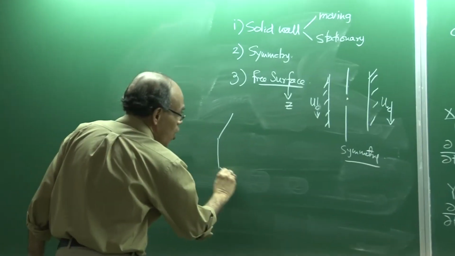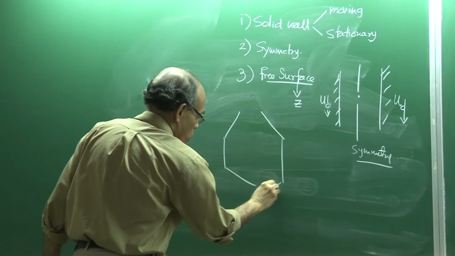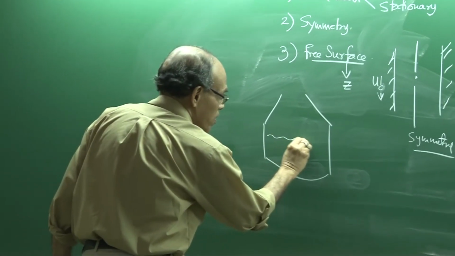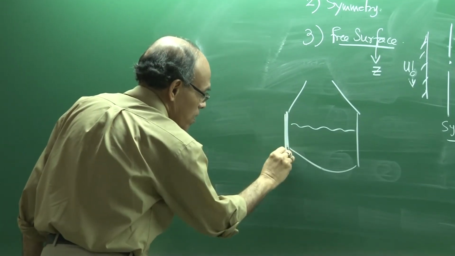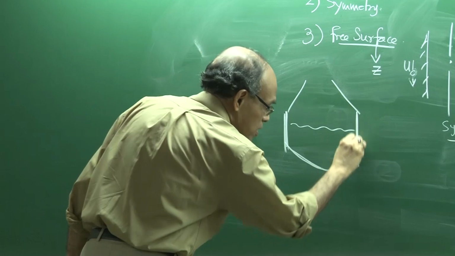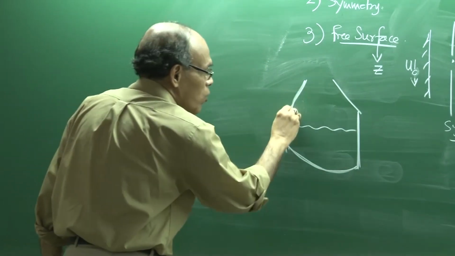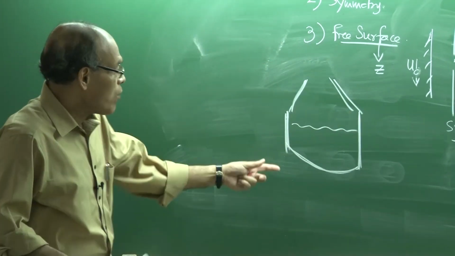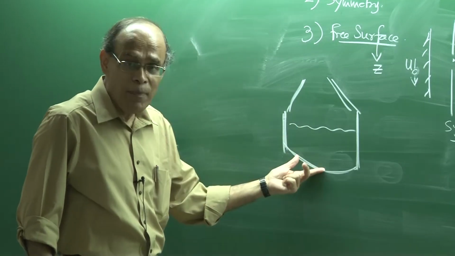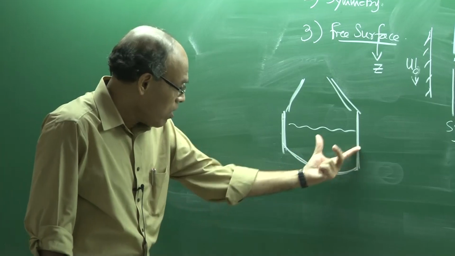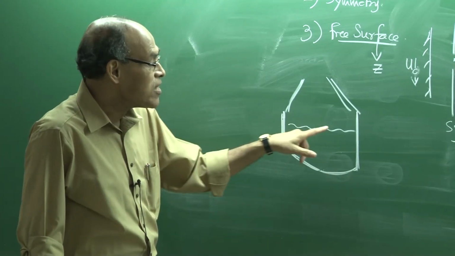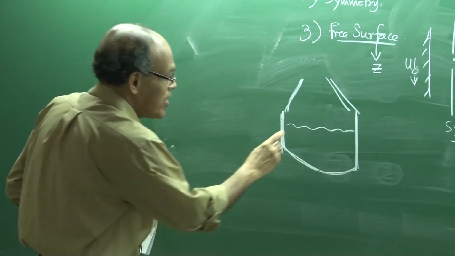Our vessels are all bounded by a wall, so this is a solid refractory wall, this is a solid refractory wall, these are all solid refractory walls, and therefore the fluid is bounded from three sides, as you see on the two-dimensional picture, by solid wall, and it has a free surface here, which actually is an interface.